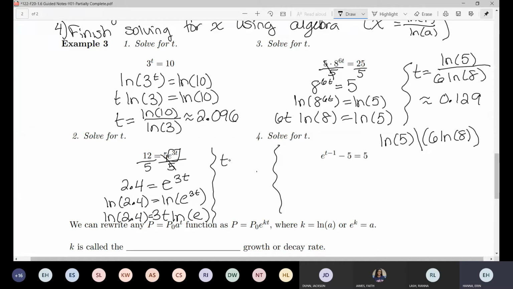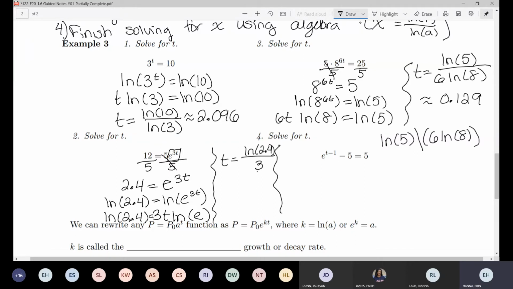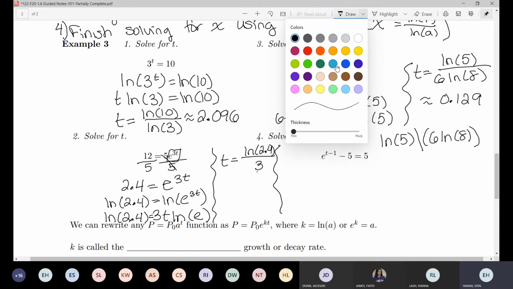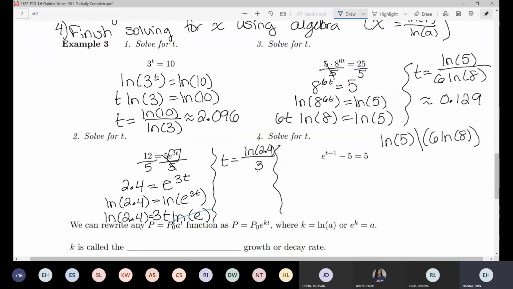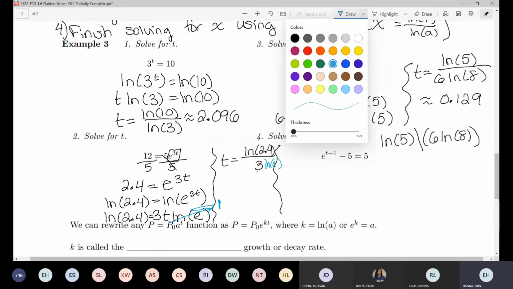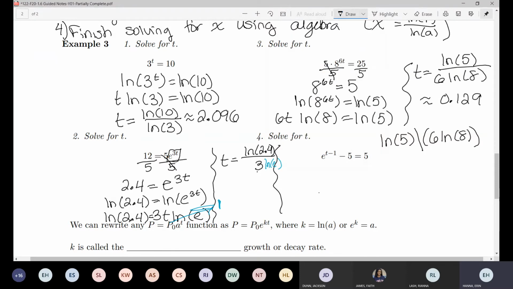So technically, if I were doing this, I would just say natural log of 2.4 divided by 3 because of the fact that the natural log of e is equal to 1. But if you had the natural log of e down here, you would be completely correct as well. So whatever floats your boat. But the natural log of e is 1, so we can just do natural log of 2.4 divided by 3 to give us 0.292.